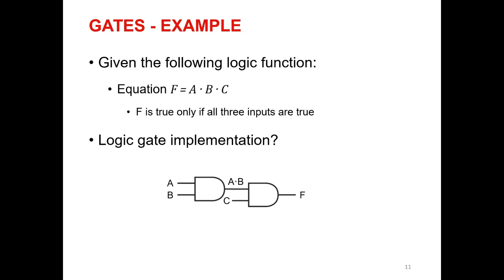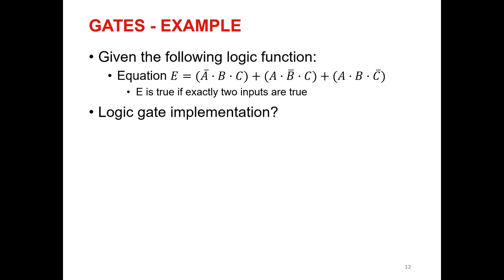So let's see an example a little bit more complicated. In this case, we have equation E, which mixes three inputs, and it mixes AND logic functions and OR logic functions. So the logic gate implementation in this case will be as follows. First of all, we have not A and B and C. Here we see this bubble.